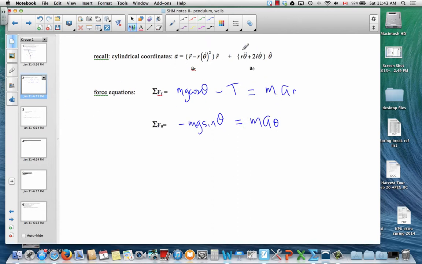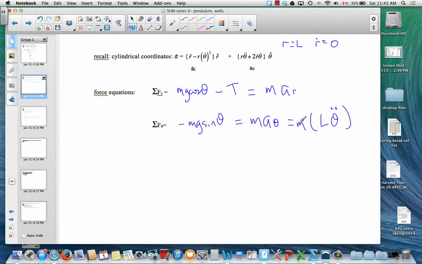But of course, the theta acceleration is r theta double dot plus 2 r dot theta dot. The radius is constant on the pendulum and is just given by the length L, right? And so r dot will be 0 in that case. So this term of the theta acceleration just disappears, and we end up with L theta double dot.